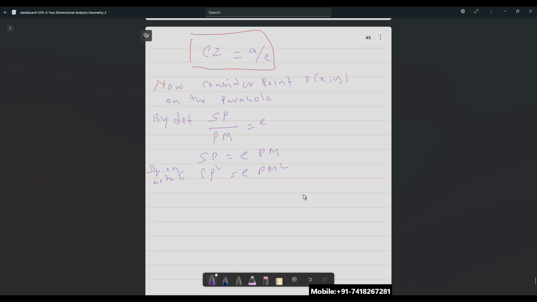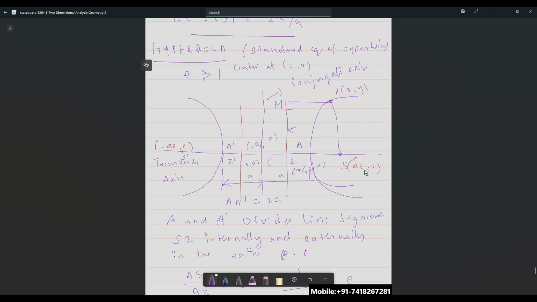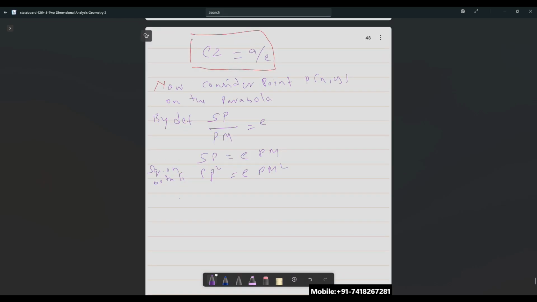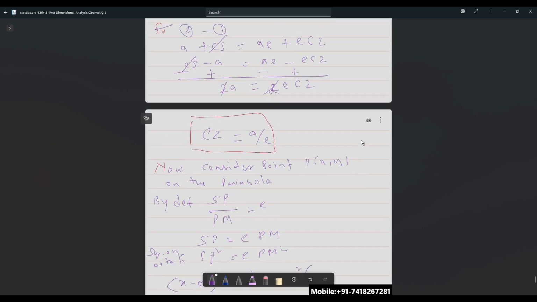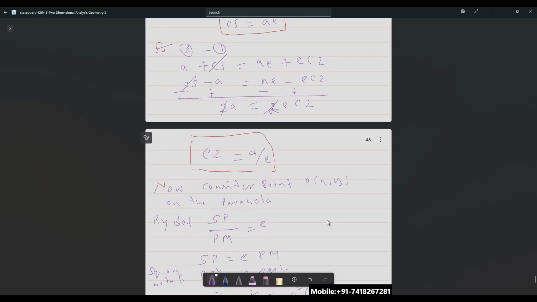What is SP square? It's a distance formula. S is (ae, 0) and P is (x, y), so you have (x minus ae) whole square plus (y minus 0) whole square, which is y square, equal to e square times PM square. What is PM square? P is (x, y), and your M is x equal to a by e and y is the same y, so y minus y is 0.